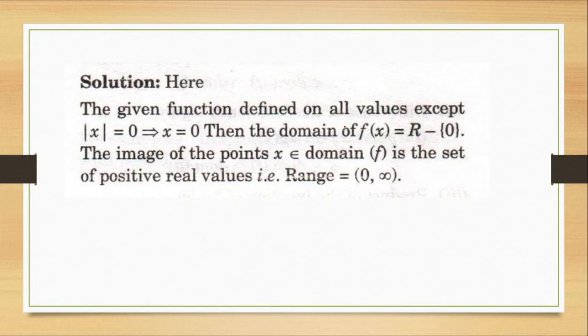Then the domain of f of x is the complete real numbers minus the singleton set 0. So the image of point x belonging to the domain of f is the set of positive real numbers, that is 0 to infinity.